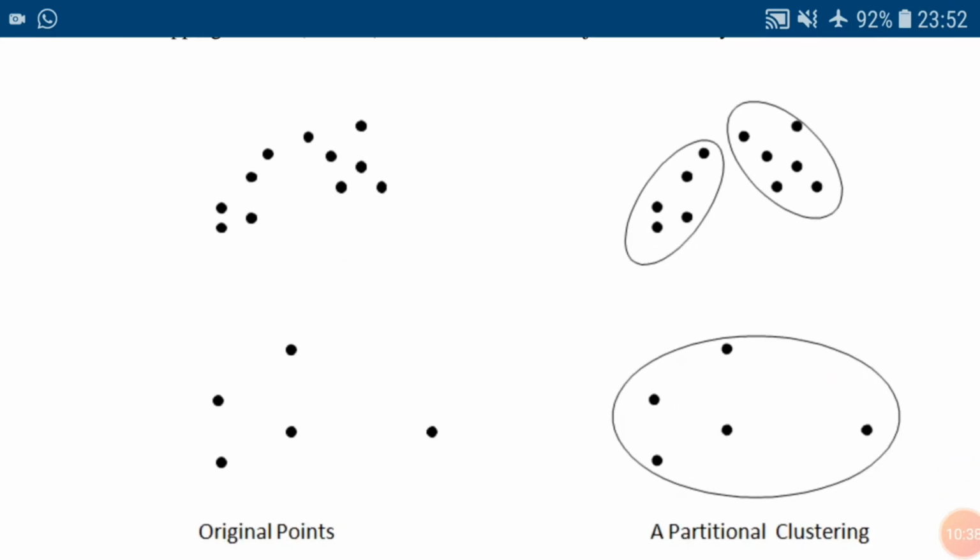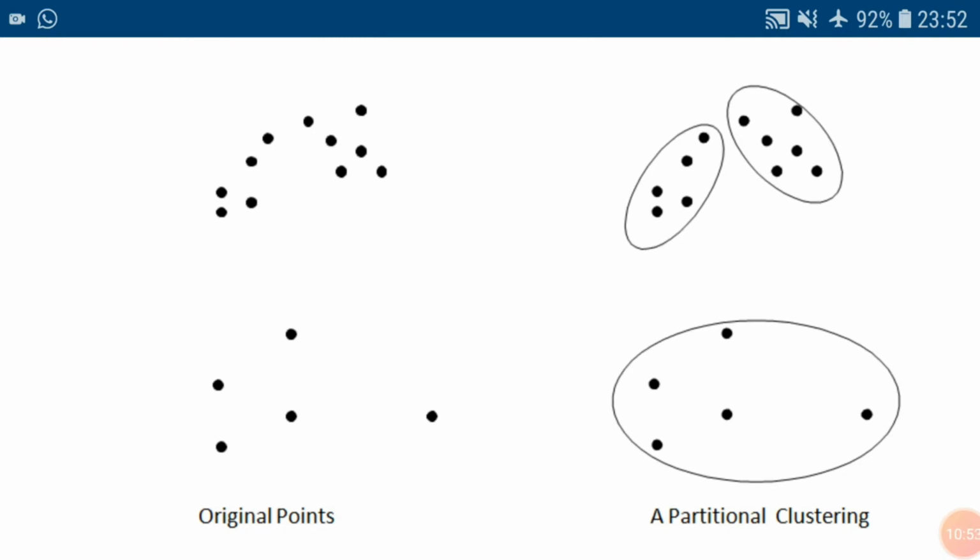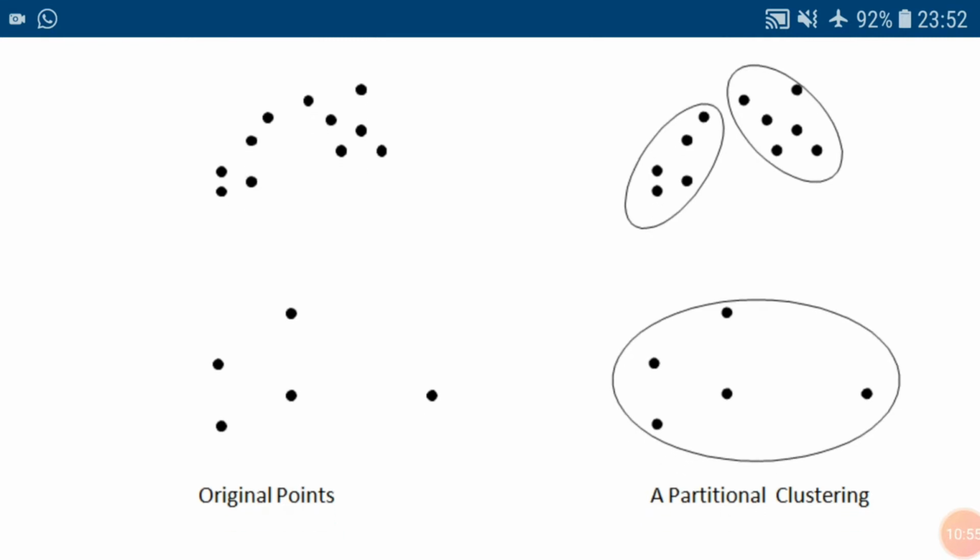In partitional clustering, each and every data item is related to only one cluster. For example, here the data items can be divided into three clusters: cluster 1, cluster 2, cluster 3.